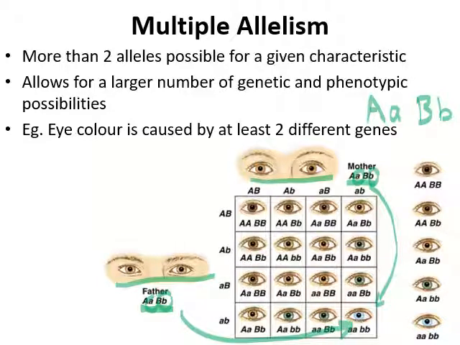Or depending on which ones they inherited, if they inherited 2 of the recessive A genes, but got 1 of the dominant B genes and 1 of the recessive B genes, they could end up with more of a greenish hazel colored eye. So there are lots of different combinations here, based on the fact that we have more than one gene encoding for the same characteristic.